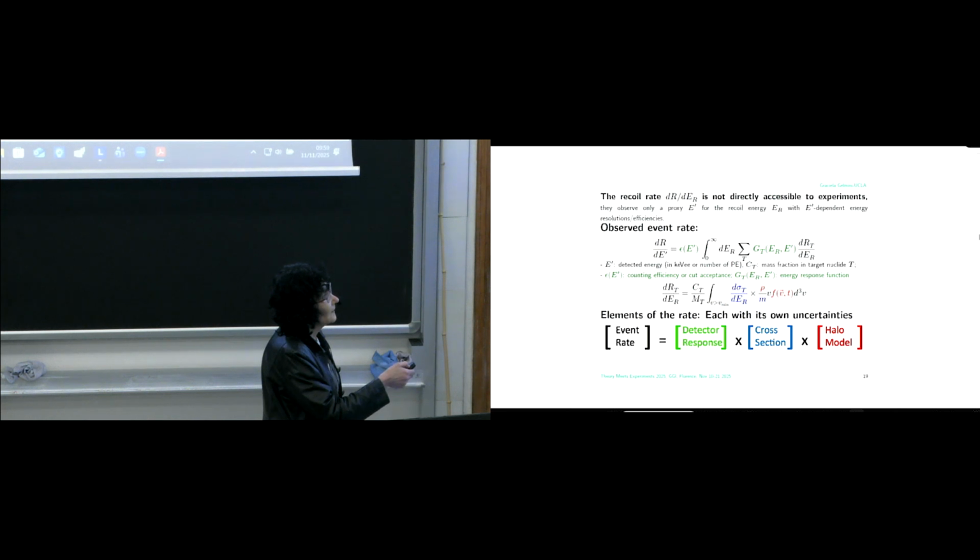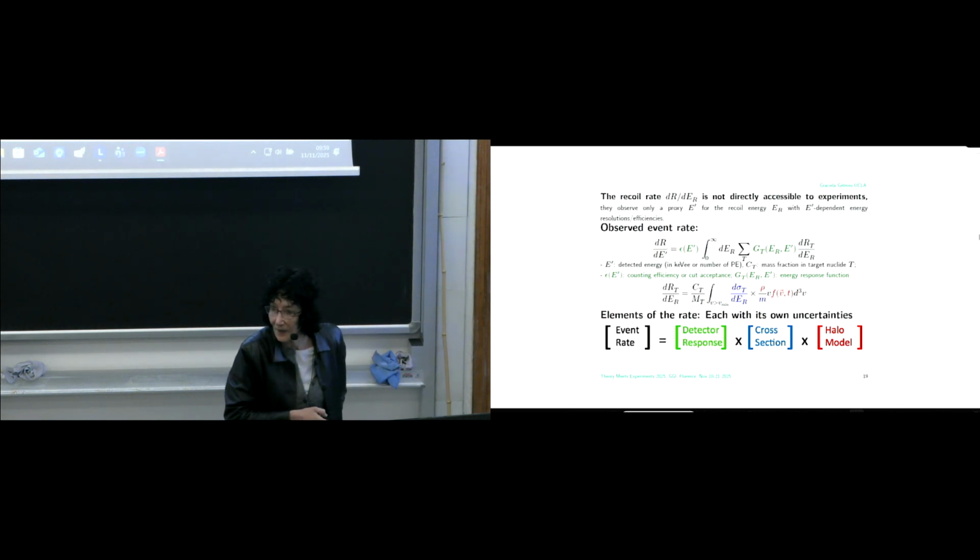So you measure something, E prime, you have your rate as a function of your observable energy, and then you integrate over this, which gives you the probability with which E prime corresponds to a particular energy E, and you integrate over the rate. This is how you compute the observable rate as a function of what you can observe, this proxy energy. This gives a series of complications, of course.